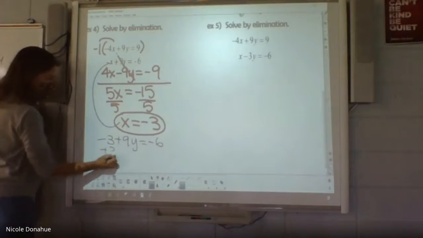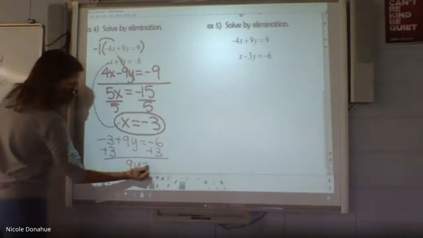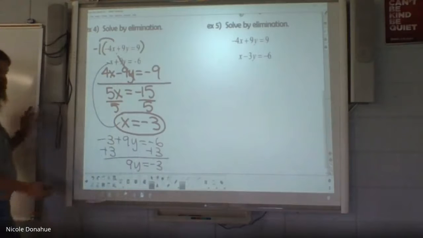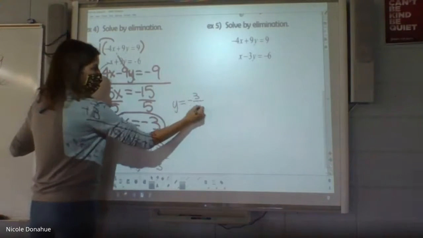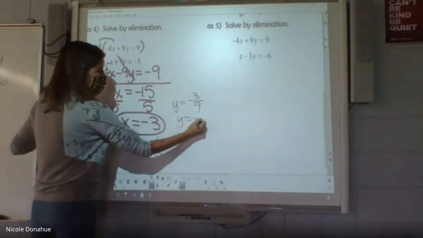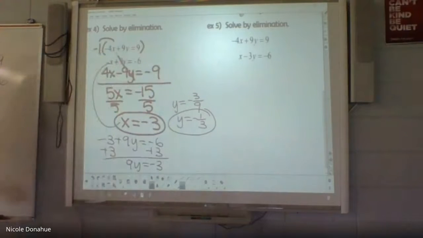And when I go to put that back in, this is where my decimal comes from, or my fraction. I divide by 9, so I get y is negative 3 over 9, or a negative 1/3. I saw a few guys with a little bit different fractions, so check that. This one, I think Caitlin said she multiplied this one by 4.